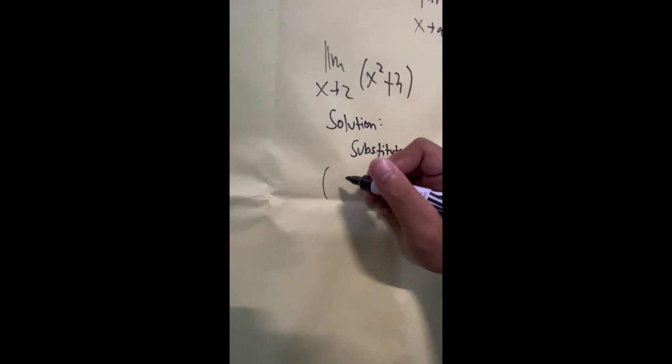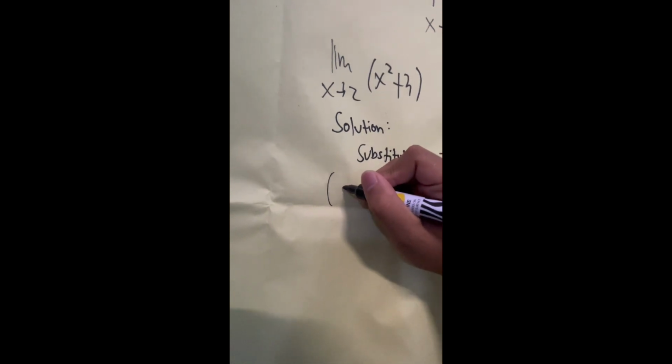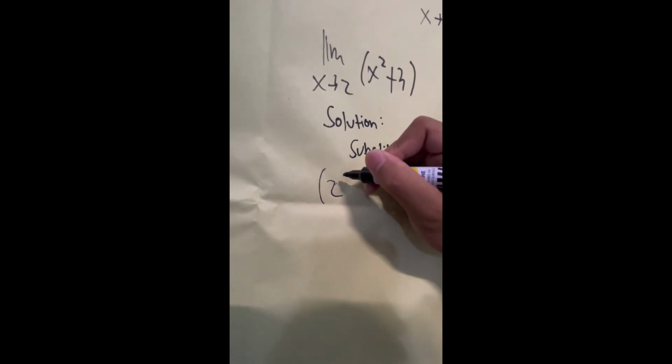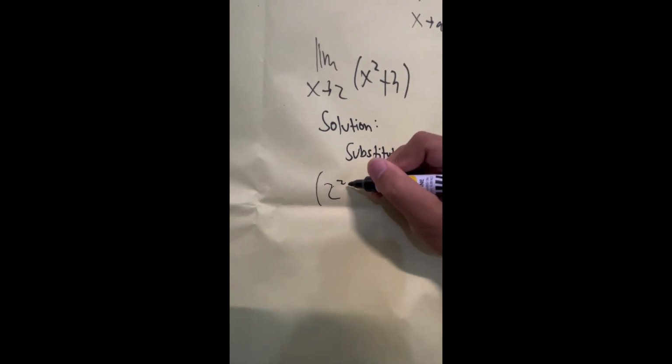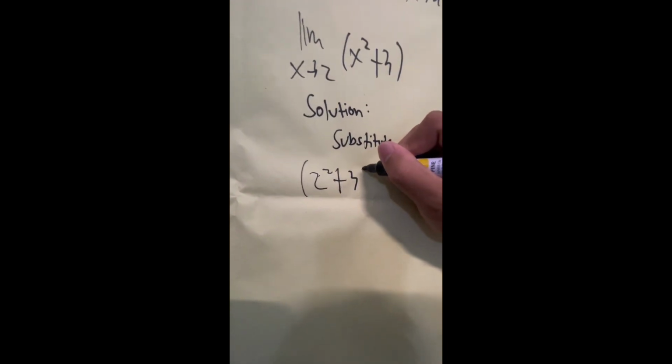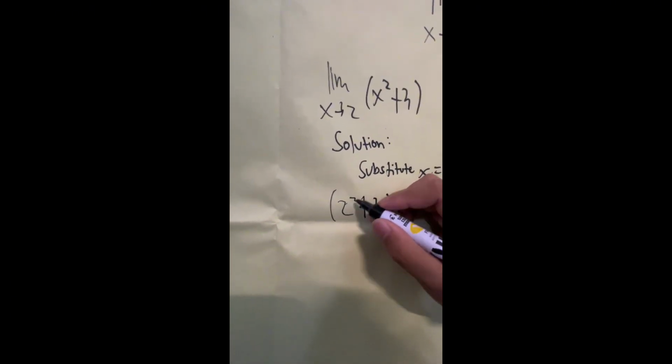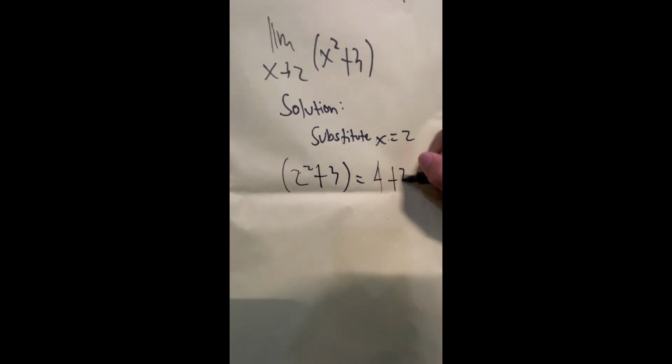So x is equal to 2. Then we're going to write this. If x is 2, then 2 to the power of 2 plus 3 equals 4 plus 3, which is equal to 7.